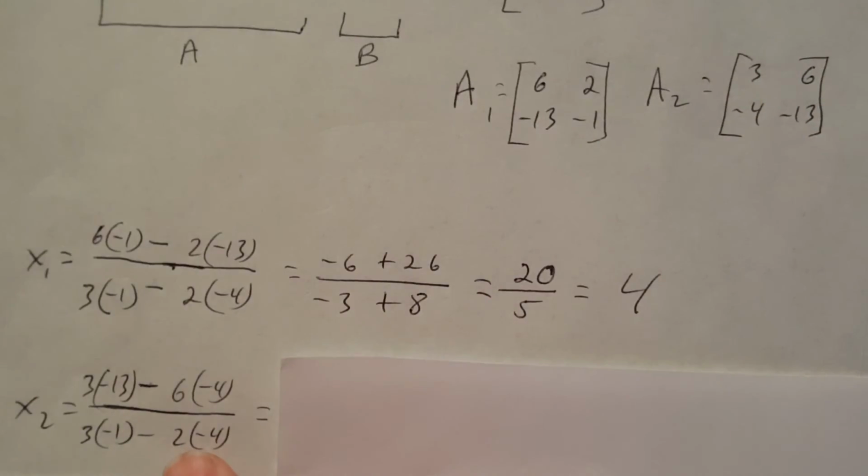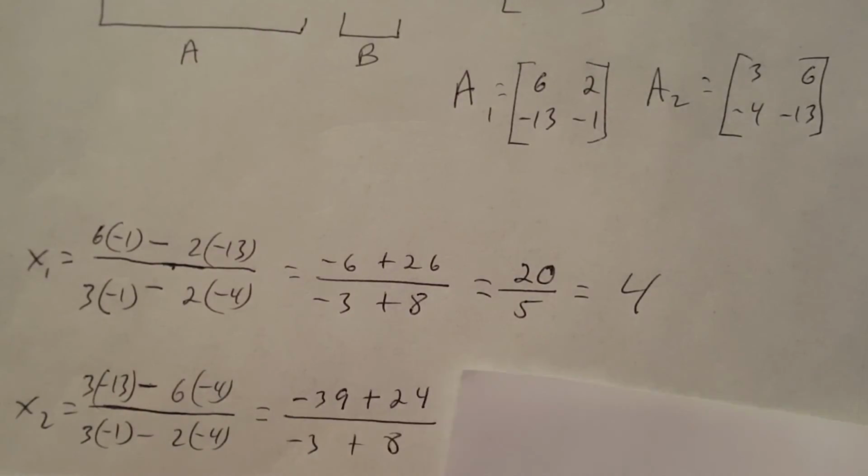And what do we put on the bottom? The determinant of A. In the notes I wrote it all out, but we know the determinant of A already. It's 5, because it's a repeat from up here. So in the future, when you do the assignment, you can just copy that. So it's just 5 on the bottom.